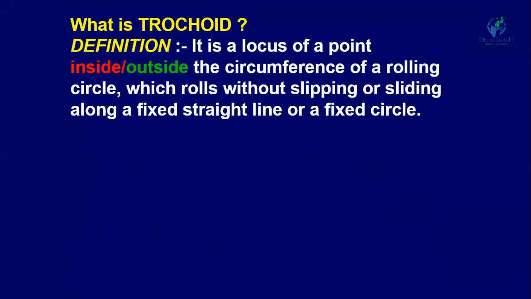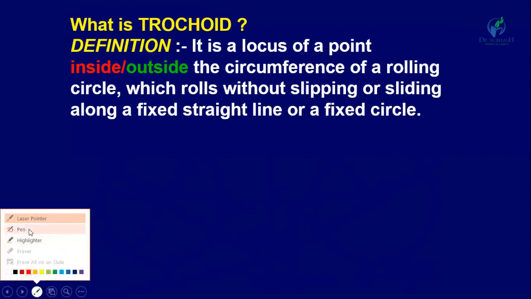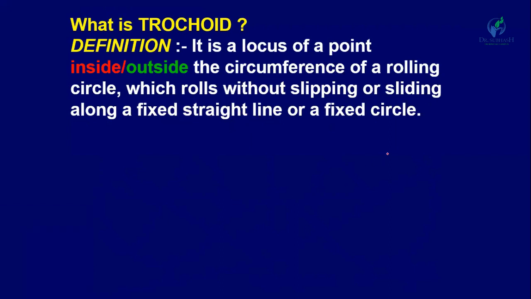Now what is a trochoid? It is the locus of a point inside or outside the circumference of a rolling circle which rolls without slipping or sliding along a fixed straight line or a fixed circle. In the case of cycloid, epicycloid and hypocycloid, we know that the point is on the circumference, but here, if our point P is here, we can say this point P is outside the circumference of the circle.